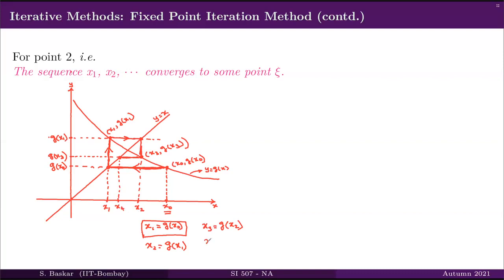Right? x4 is given by g of x3, and similarly you will go along this path to get x4, g of x4. Remember, you have to also draw the direction in which you move, and that gives you x5 as this point.